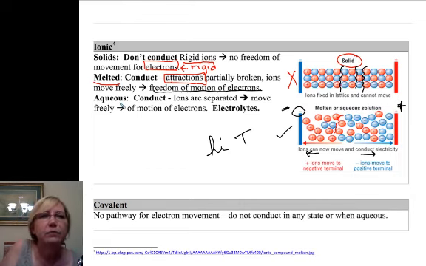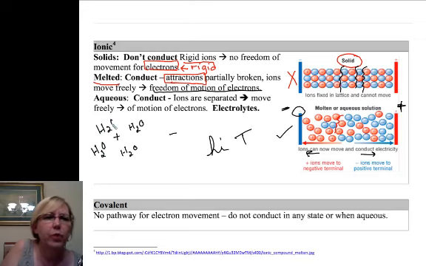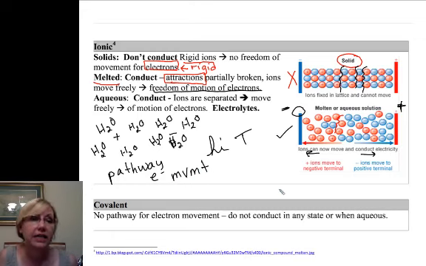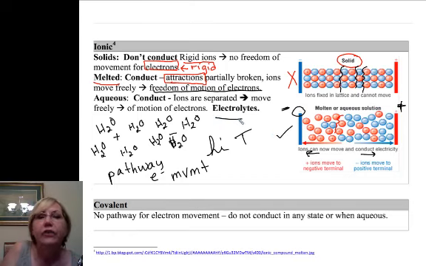And then this moves a little bit into the discussion of solutions. Once we put ions into water, so we've got them surrounded by water molecules, and we did this at the beginning of the year. Remember when we wrote our dissociation reactions? That's effectively what we were trying to represent. And so those ions are now surrounded by water, and that provides a pathway for electron movement, and so aqueous solutions of ionic substances conduct electricity, and those are called electrolytes.